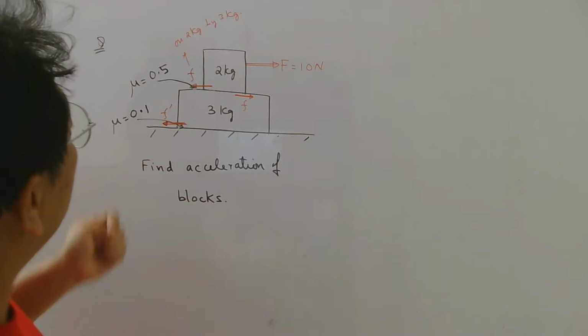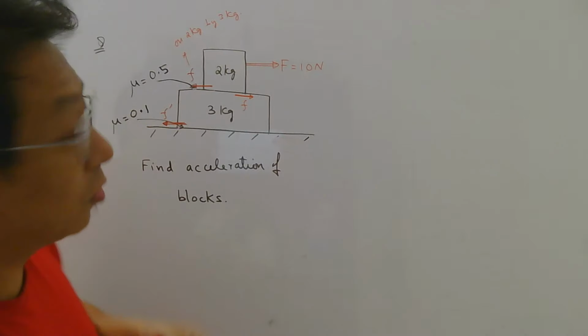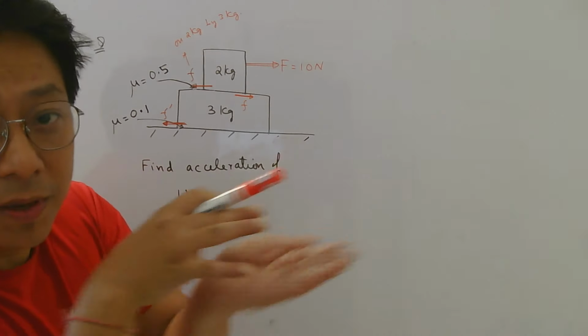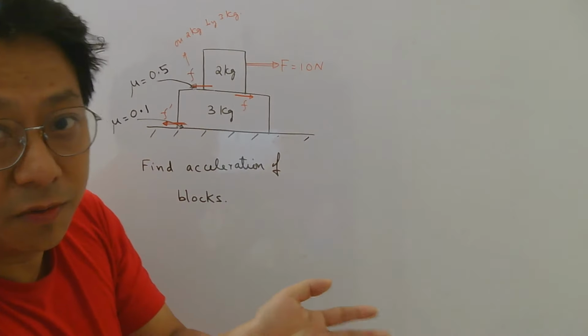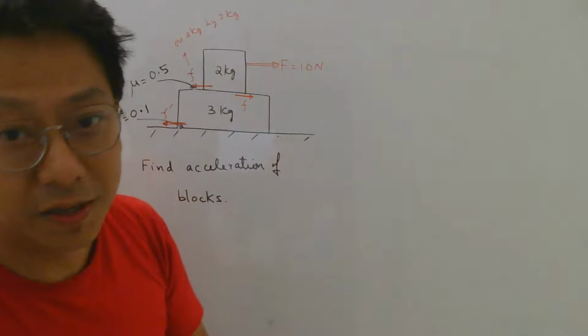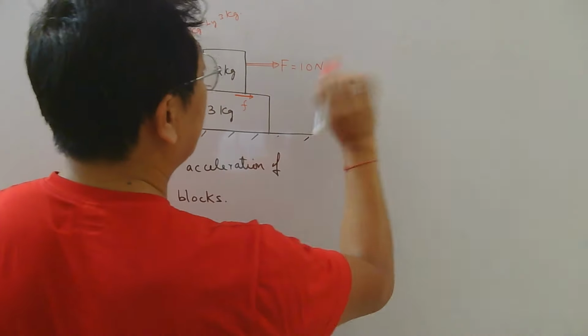Now we don't know right now whether this friction is static or kinetic. That depends on whether these two blocks are moving together, or there is slipping, or they are actually at rest from the ground frame. So now let me tell you what the possibilities are. There is a possibility that all of them are at rest.